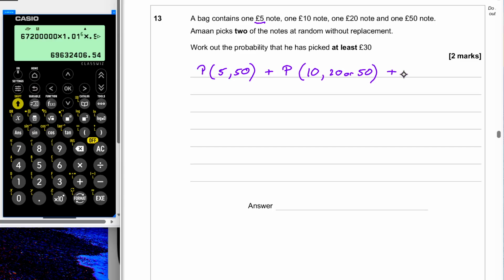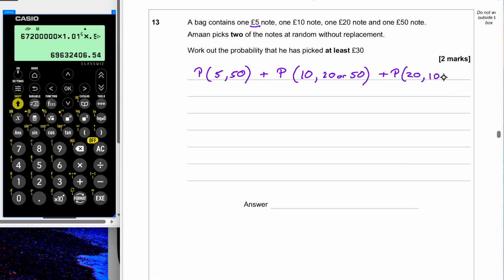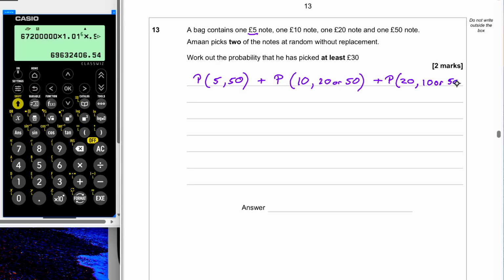No, we do need to include the 20 first, because probability of 20 first, and then either a 10 or a 50. And then plus the probability of picking a 50 and anything else.